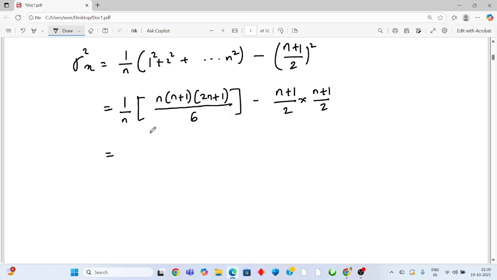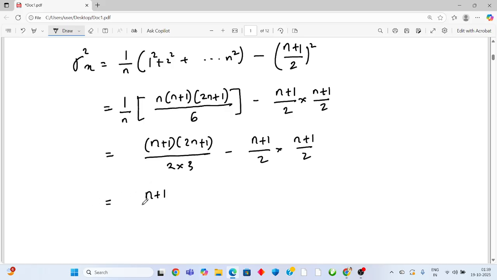So this can also be written as n plus 1 times 2n plus 1 by 2 into 3 minus n plus 1 by 2 into n plus 1 by 2. If we take n plus 1 by 2 common, we will get 2n plus 1 by 3 minus n plus 1 by 2, right?